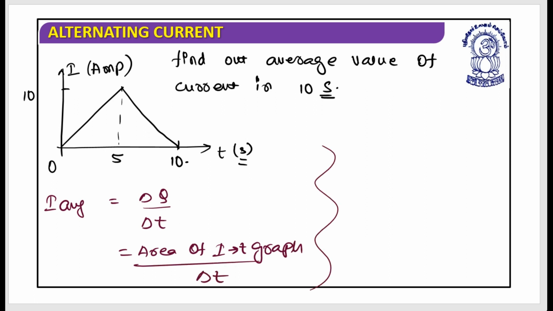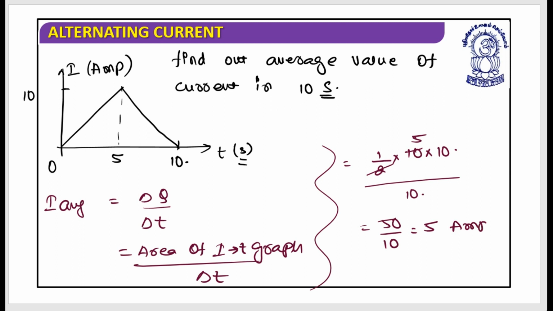The area would be just 1 by 2 multiplied by 10 into 10, divided by the time, which is 10. So this is 2 fives, which equals 50 by 10, which is 5 ampere. This would be the average value of the current in these 10 seconds.